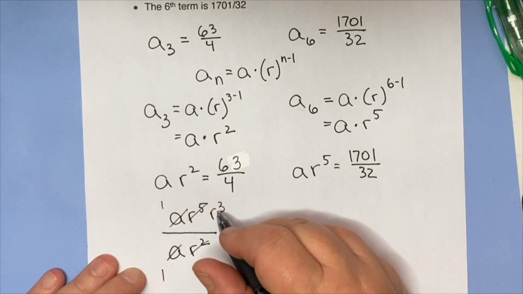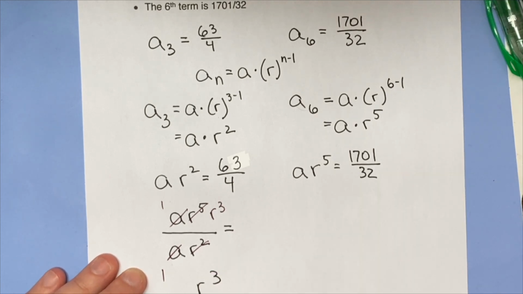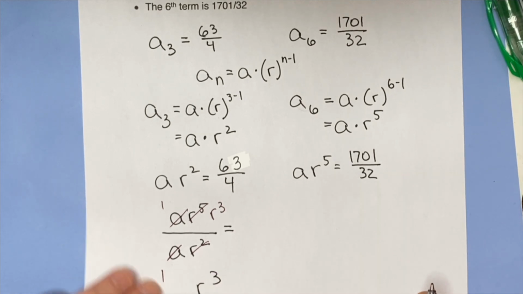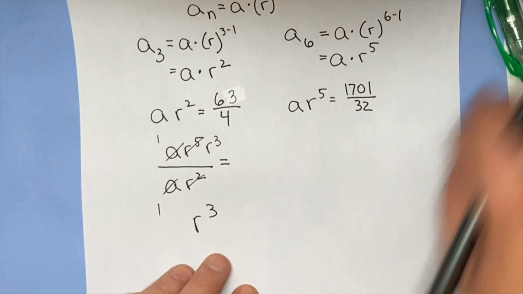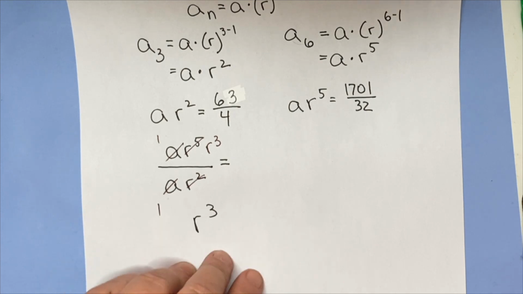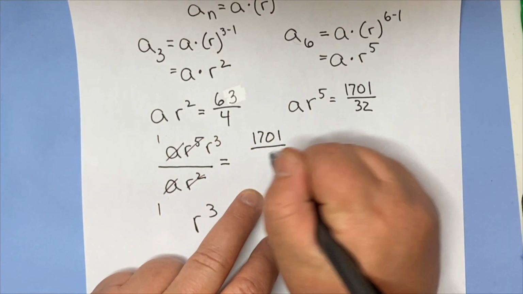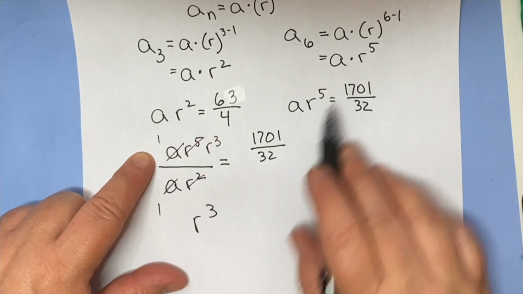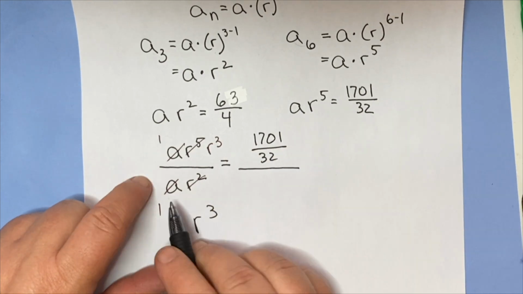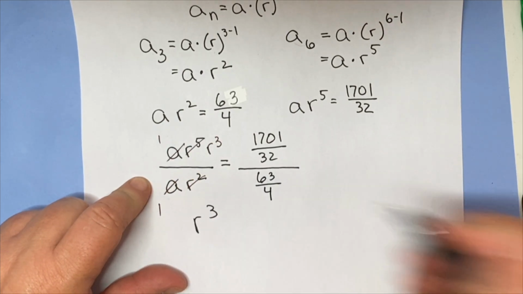So that R cubed would be equal to, and I know this is everyone's favorite thing, but we're going to go ahead and take the ratio of 2 fractions. I know, not really anyone's favorite thing, but let's give it a try. So I've got 1701 over 32, right? That's AR to the fifth, all over AR squared, which is 63 over 4.